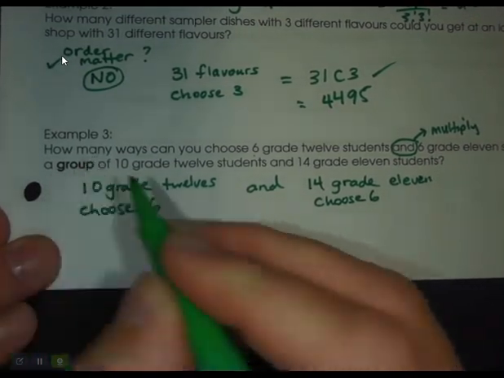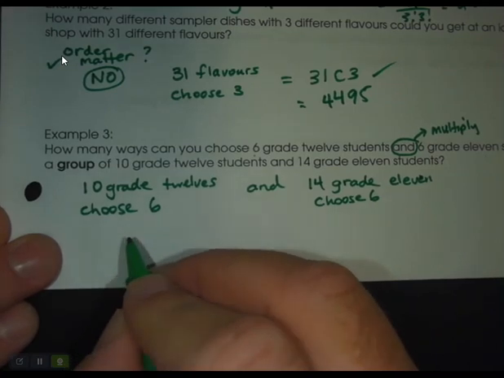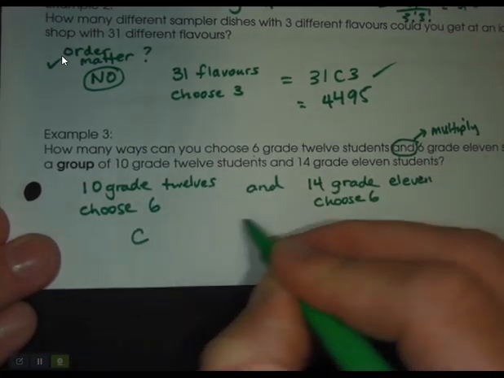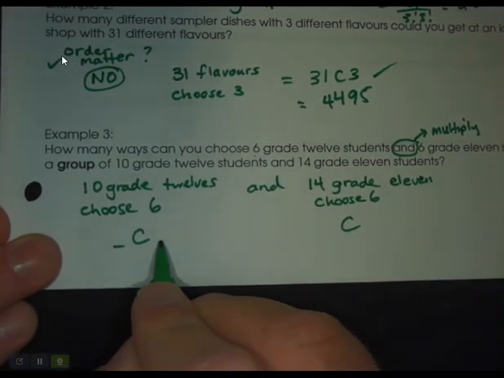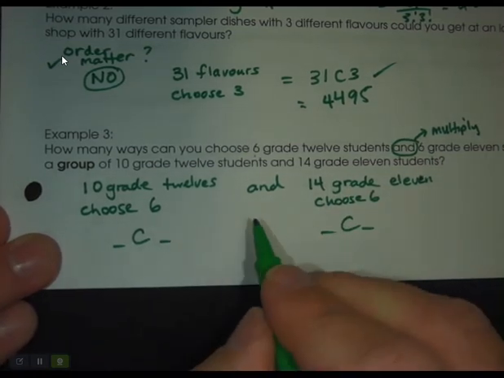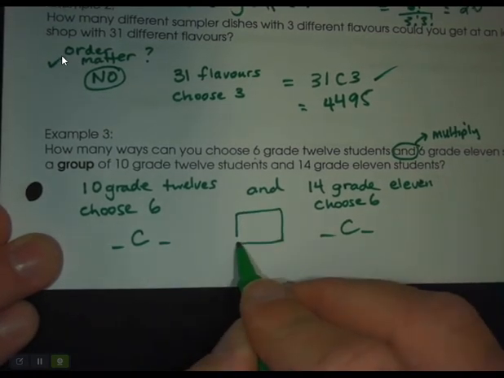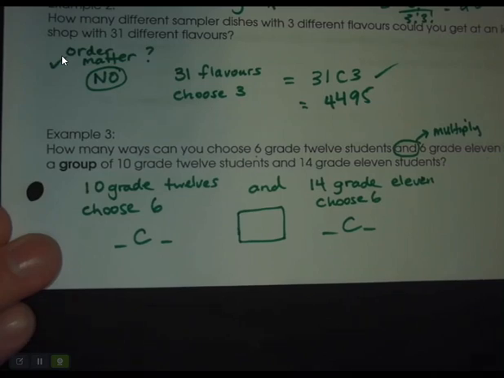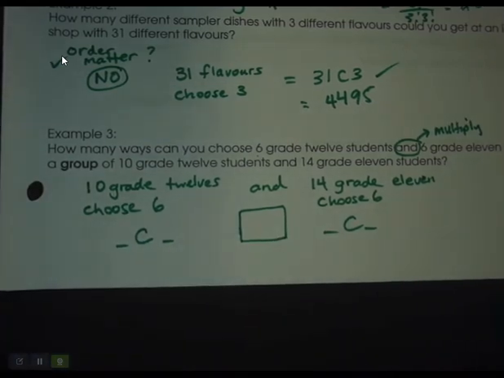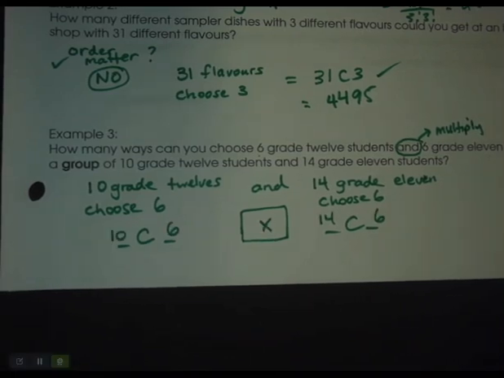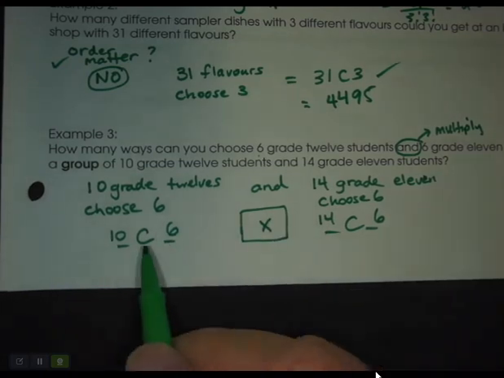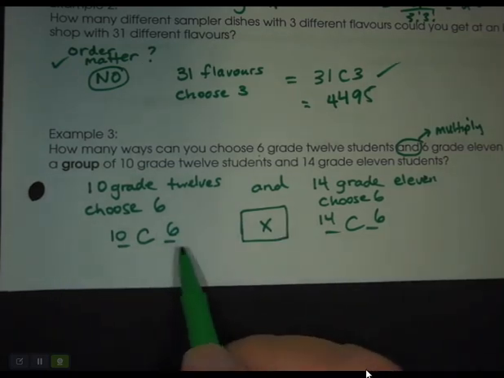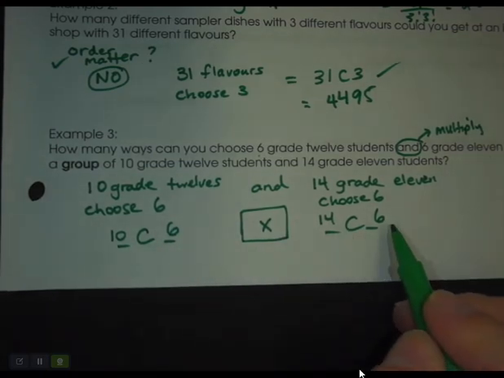So we have a group. What I want you to do is write down what should go here and there, and what sign should go there. Push pause and write down what you think it should be. Hopefully when you did it, you had 10 choose 6 and 14 choose 6.